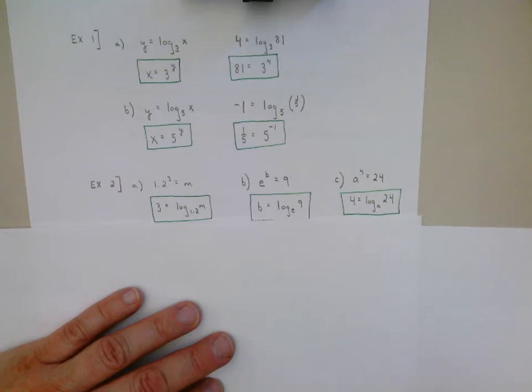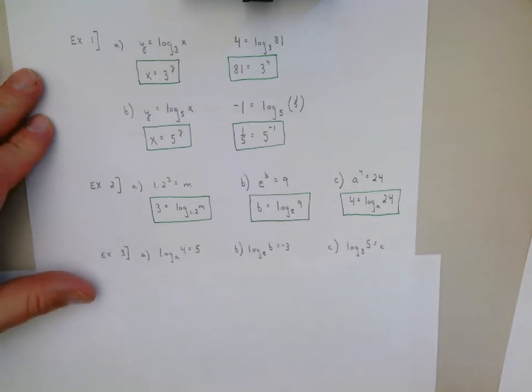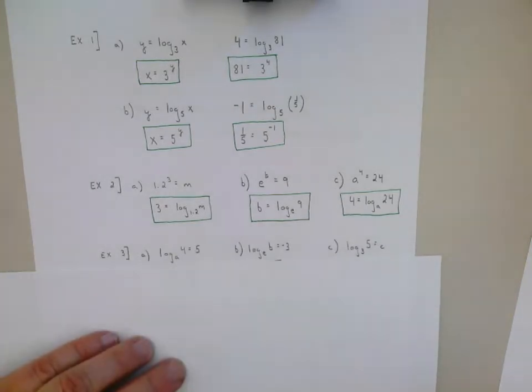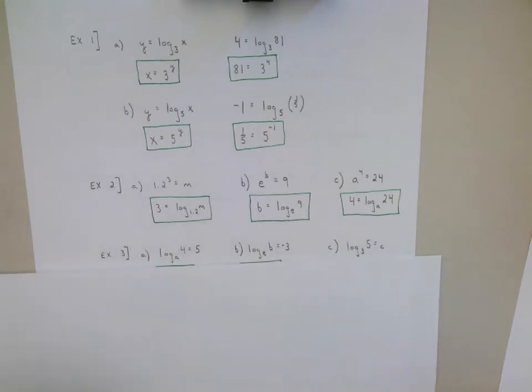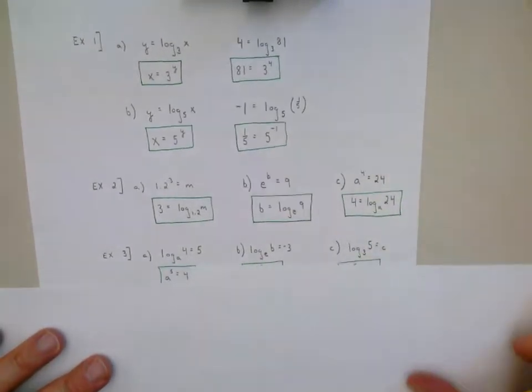In our next example, all I'm going to do is begin with the logarithmic equations and have you write the exponential equations. Again, go ahead and pause the video, and use the definition of logarithms to rewrite these equations without logarithms. All right, we're back. Let's take a look at our first logarithm here.